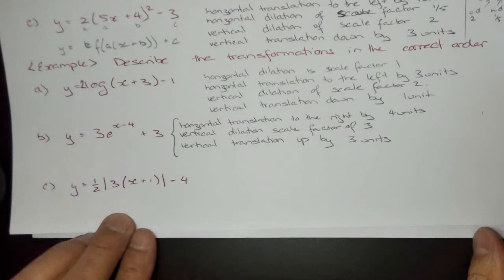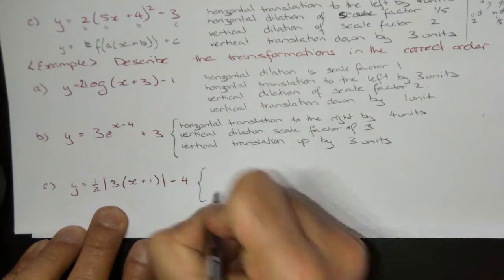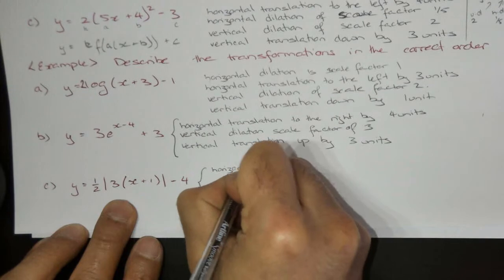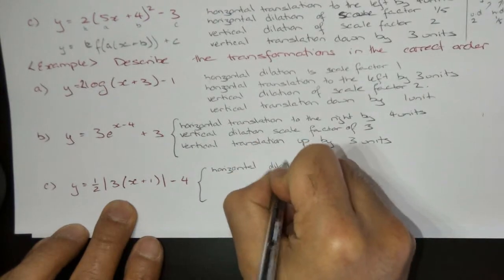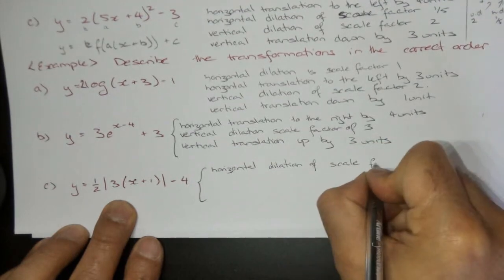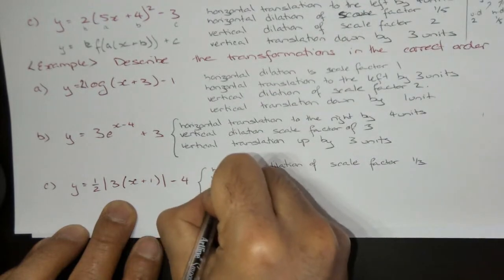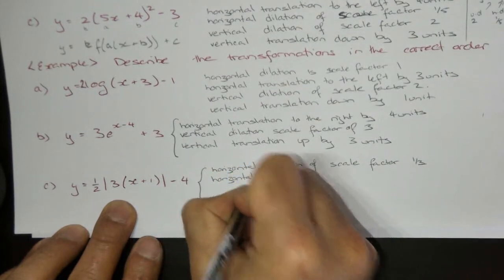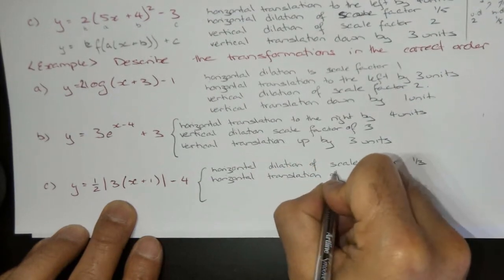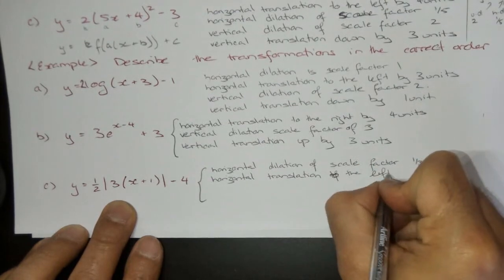Okay, so here we have the A on the outside, so we definitely have a horizontal dilation of scale factor a third. We get a horizontal translation to the left by 1 unit.